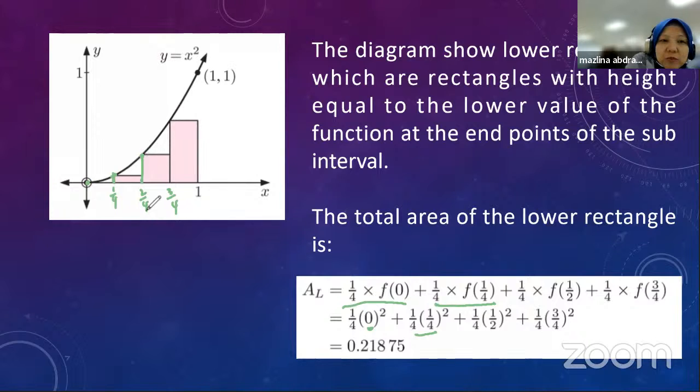When x is 2/4, which is 1/2, 1/2 square. And the last rectangle here, the height is here. Sebab tu kita ada up to 3 only. 0, 1, 2, 3. Nampak tak ayat?